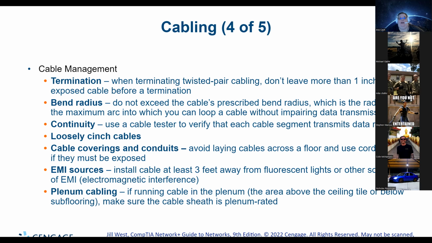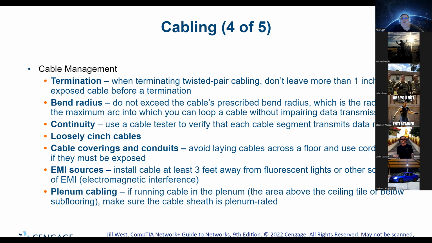Okay, so EMI sources. Install cable at least 3 feet away from fluorescent lights or other sources of EMI. Has anyone run into this and knows why you have to do that? Okay, so EMI can cause feedback and all sorts of issues.